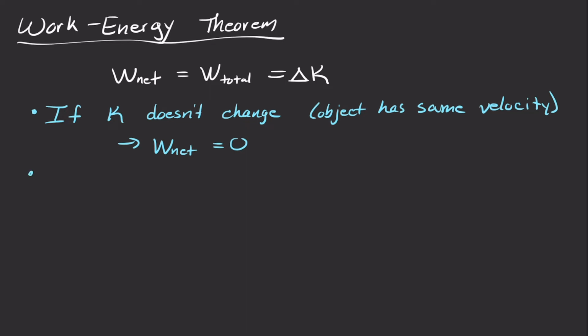We can also go the other way. If the total work or the net work is 0, that must mean that the kinetic energy is constant, or not changing.